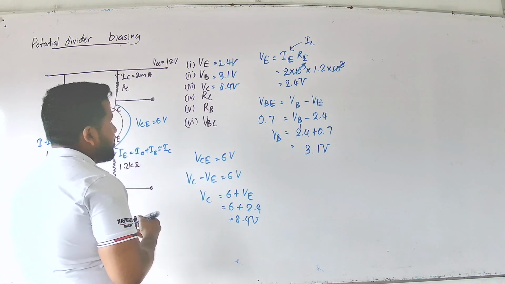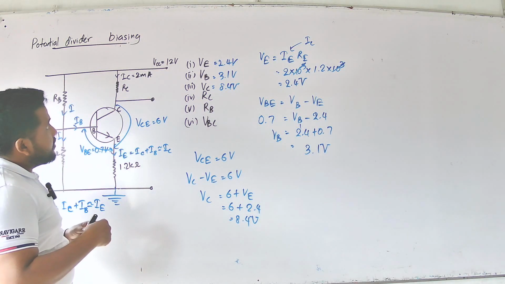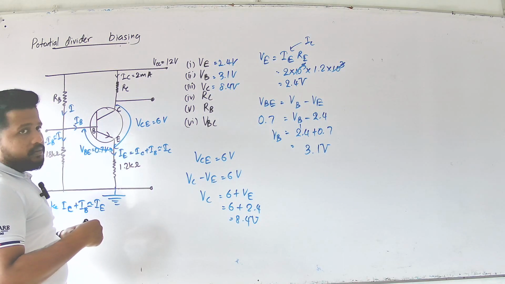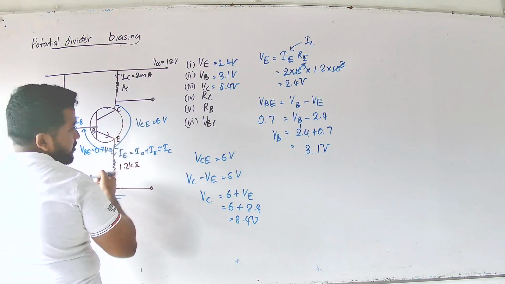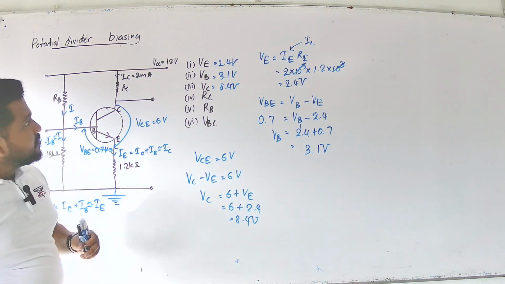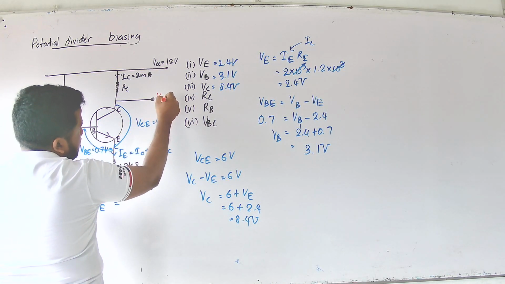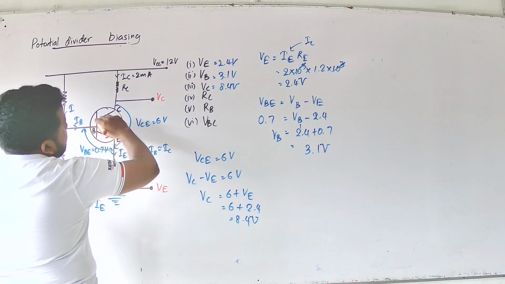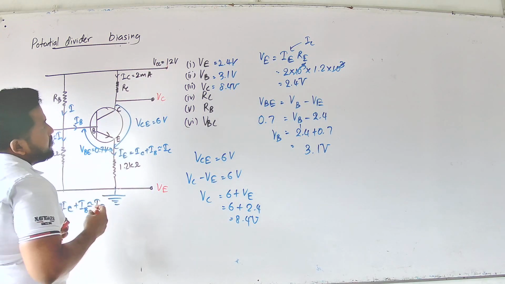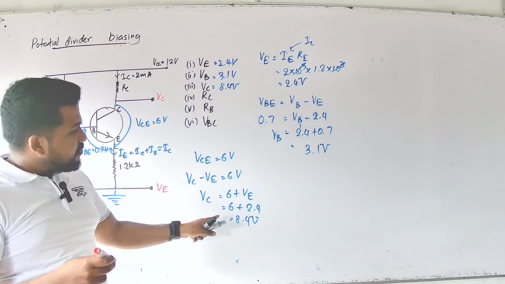So that's yeah, right? So this is the terminal of VC. This is the VE. So this is VCC. So VC equals 8.4.